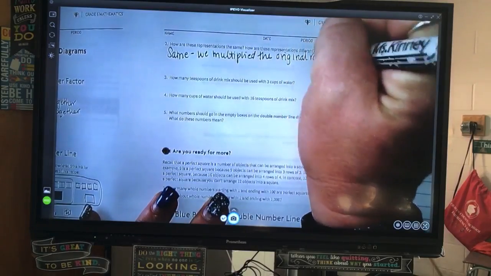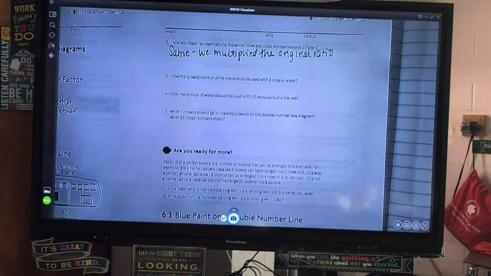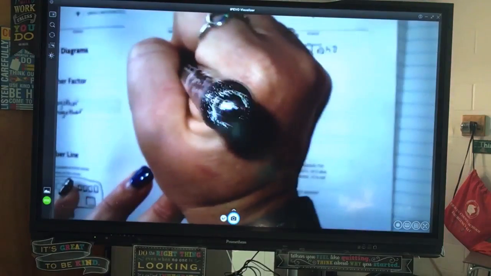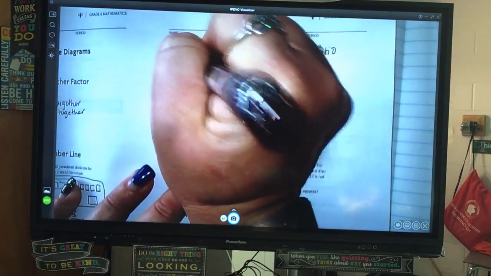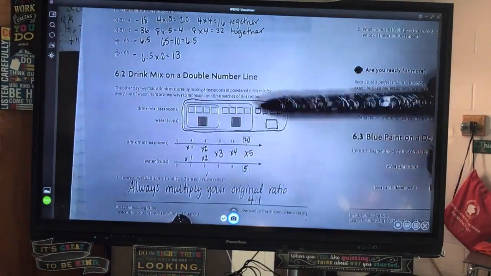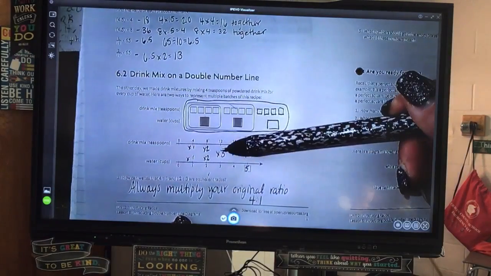If you learned nothing from today's lesson, hopefully you learned how to find equivalent ratios from the original ratio. Okay? All right, how are they different? And be mindful, we're talking about the diagram and the double number line.